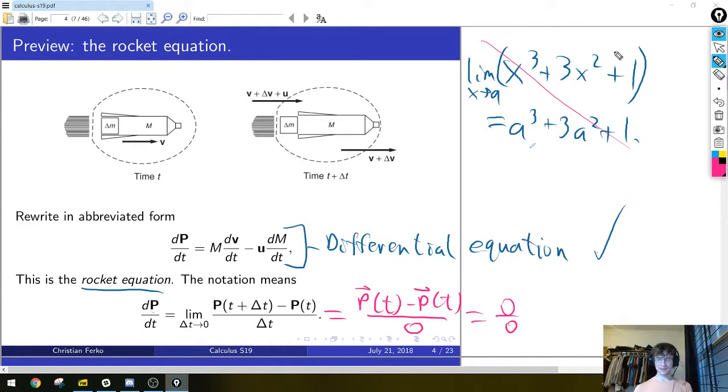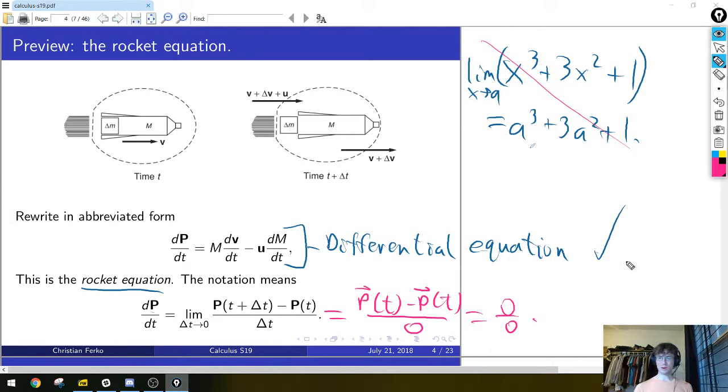So if you have this arrogant attitude that I don't care about limits because I only like polynomials, then the moment you try to do physics, you're kind of stuck, because the most basic thing you could write down, a differential equation for a rocket, for instance, gives you a limit of a quantity which is 0 over 0.